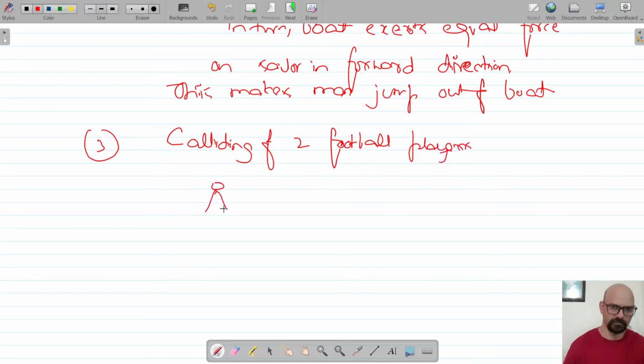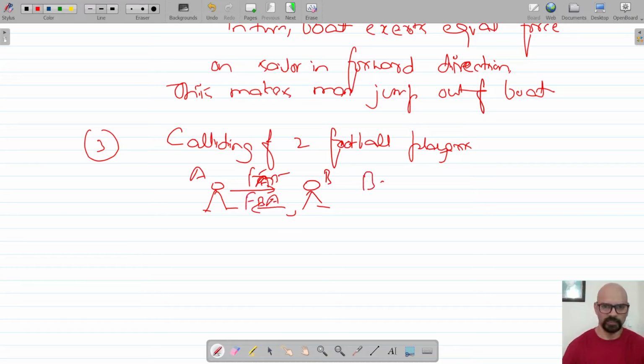Let's say these are the two football players A and B, and when both collide, both of them get hurt, because when they collide, A exerts force on B and B exerts force on A, and both of them get hurt.